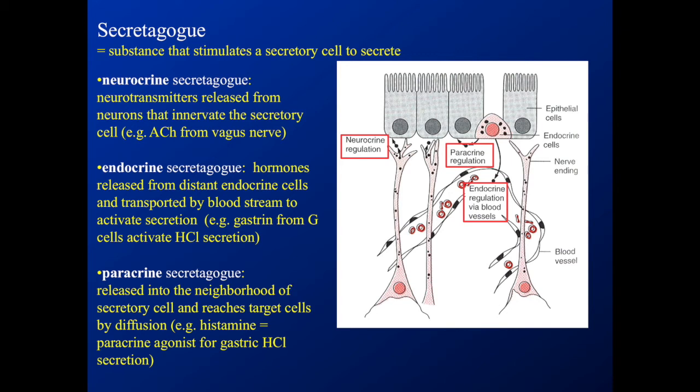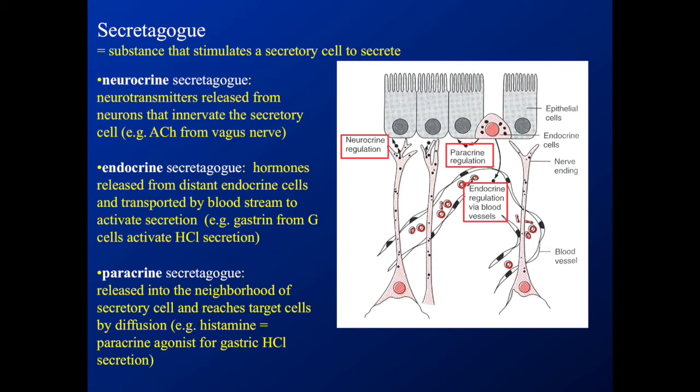What creates or what secretes secretions from the GI tract are termed secretagogues, and these are substances that will stimulate a secretory cell to secrete its contents. And you have different types of these.